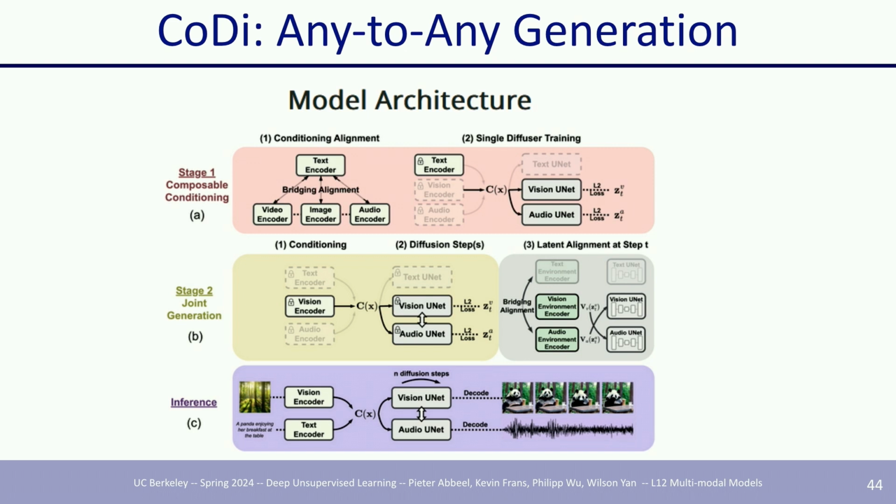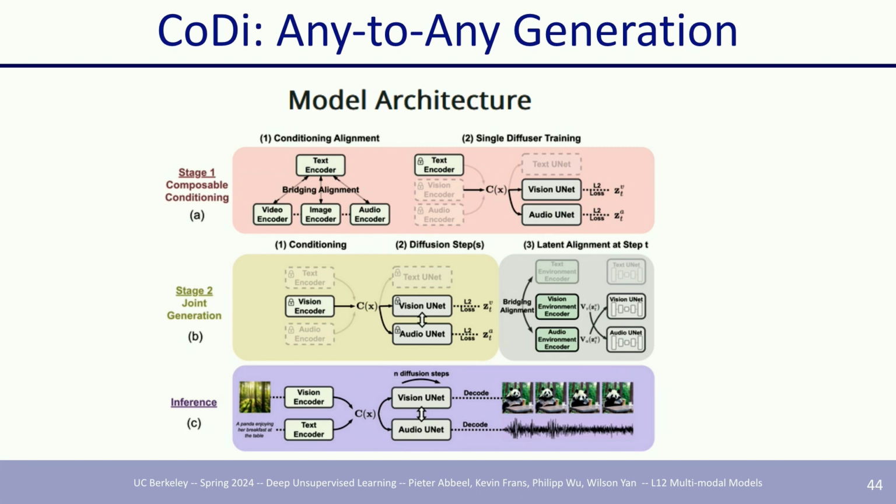I think the training process was they train the text encoder once, then freeze it for all the other ones and align to it. Then they use text-to-image data to learn the image encoder, and text-to-audio data to learn the audio encoder. These datasets already exist, so you can just download them and use them.